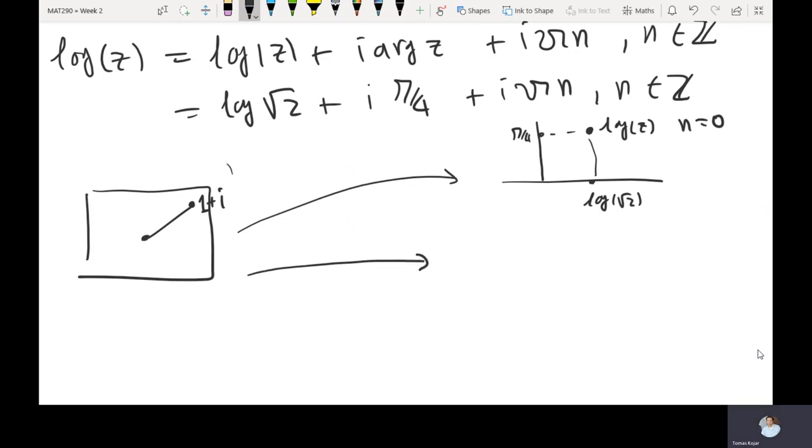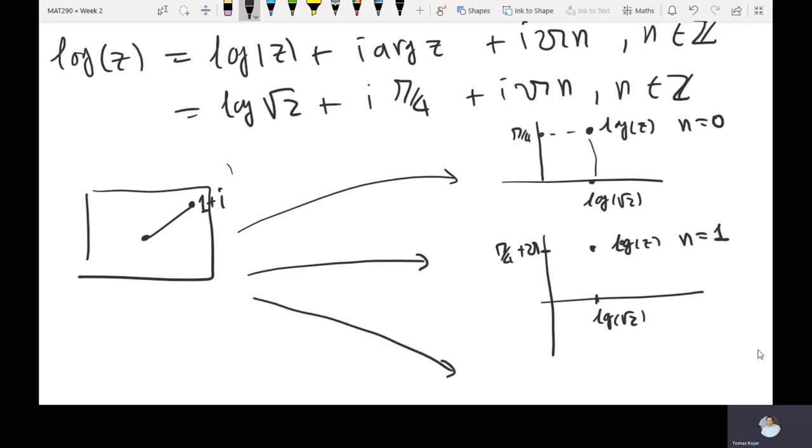But then we have another guy, pi over 4 plus 2 pi, same modulus. So this is log z for n equal to 1. And you can keep going.